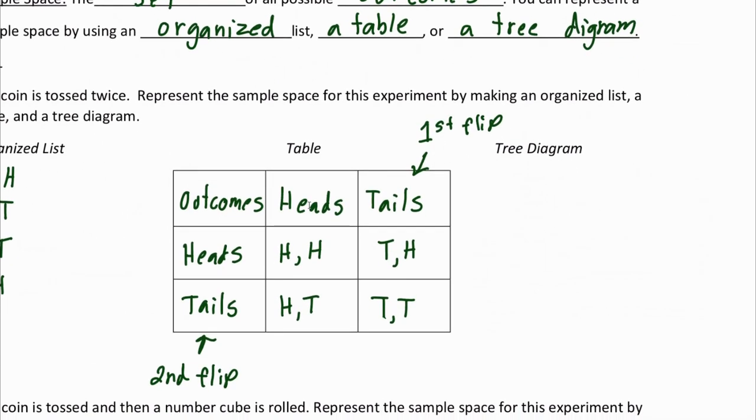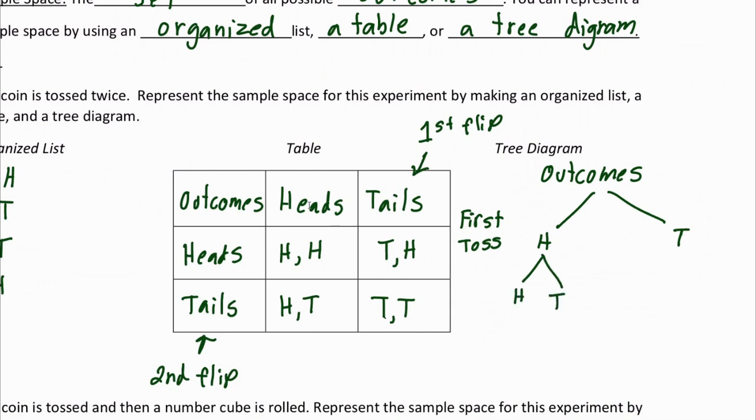We can also do this as a tree diagram. Our first option is heads or tails. That's our first flip, our first toss. But then for that second toss, we have two more options. For the first heads, we have heads or tails. And for the second one, we also have heads or tails.